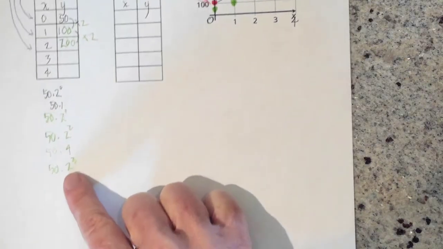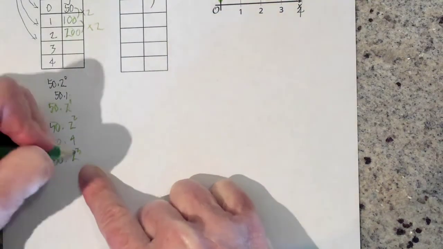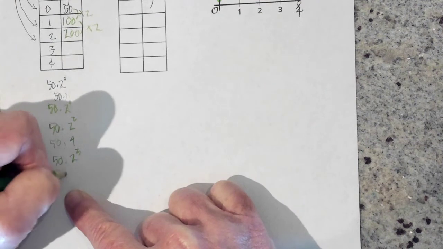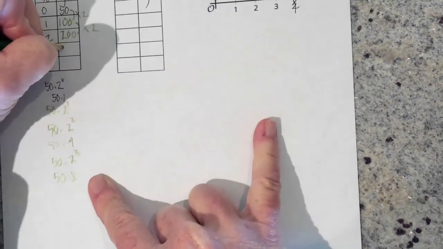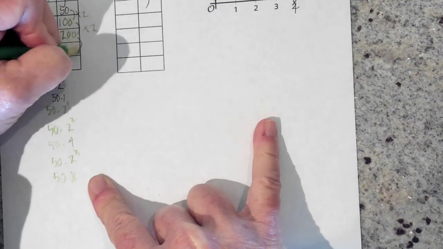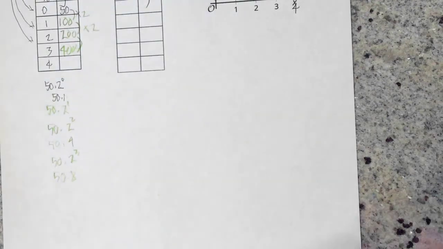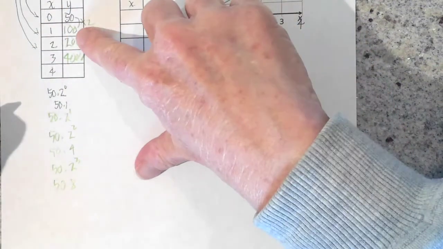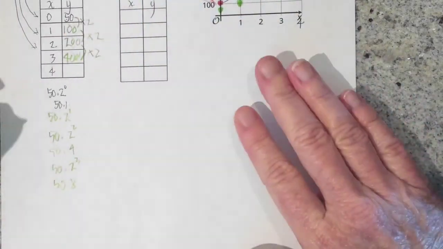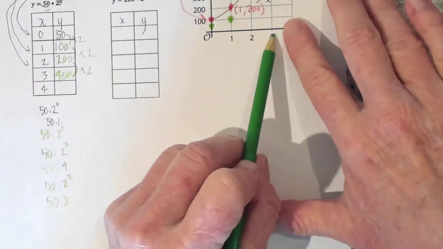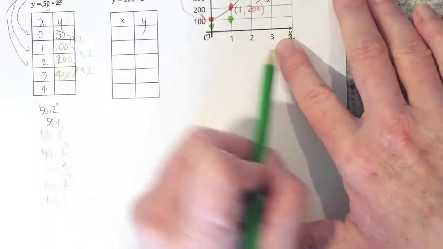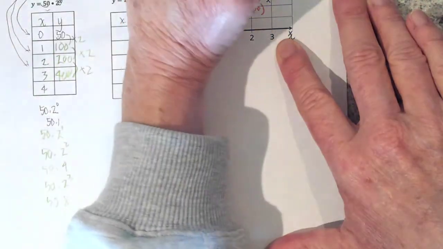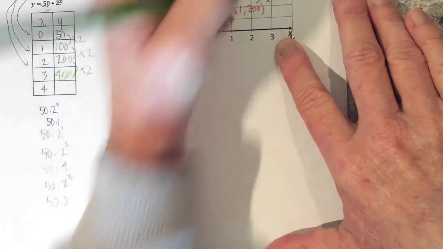I know 2 to the power of 3 is 2 times 2 times 2, which is 8. So 50 times 8 is 400, which I can easily do up here as well and multiply this by 2. 200 times 2 is 400. So again, I can go over here now and graph 3 and 400, which is right there.